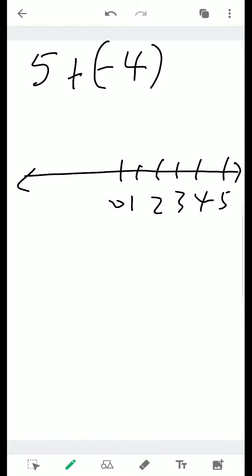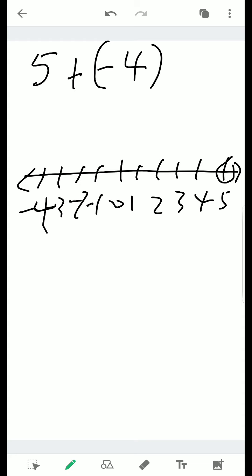Then you have 0 in the middle. Then we have neg 1, neg 2, neg 3, and then neg 4. Alright. So where is 5? Here is 5.